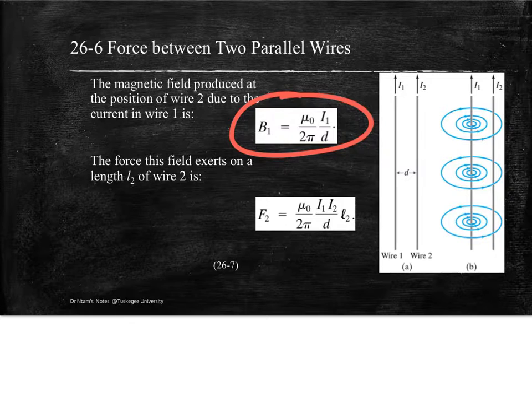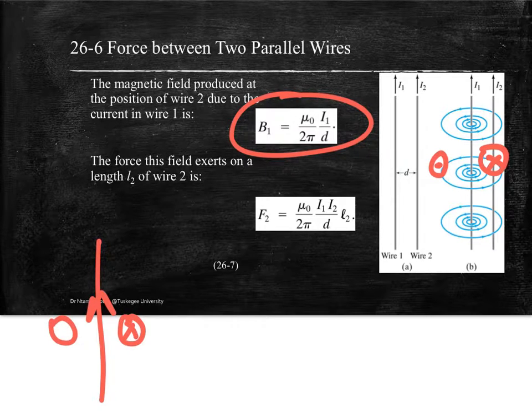Now, take note that the field from I1 will be in at the location of I2 and out on the left of I1, because I1 goes this way. If you place your thumb straight up and then wrap your fingers around this wire, your fingers will go in on this side and out this side.